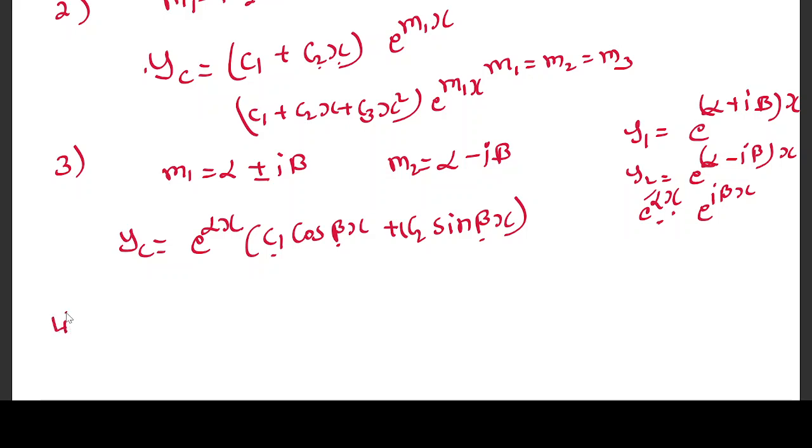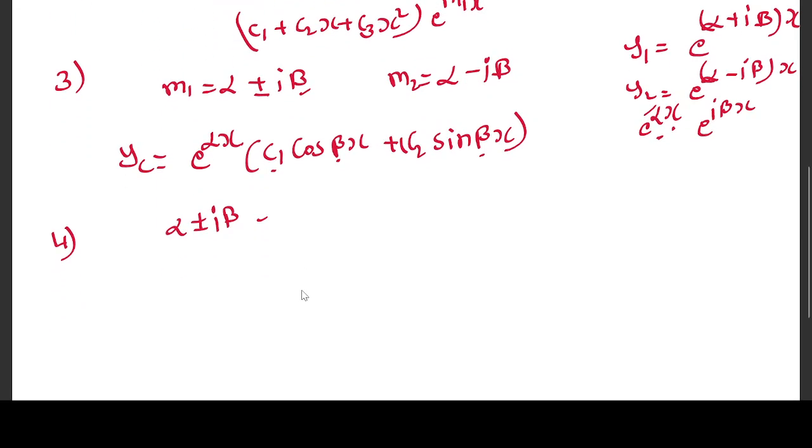The fourth and last case is if alpha plus i beta is a repeated root. This cannot occur in a second order differential equation, but it can happen in the fourth order. That is, alpha plus i beta is a 2 times root and alpha minus i beta is a 2 times root. That means there are four roots, so at least we should have a fourth order differential equation.